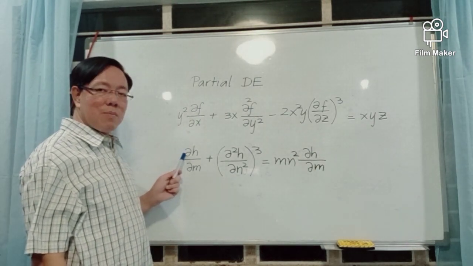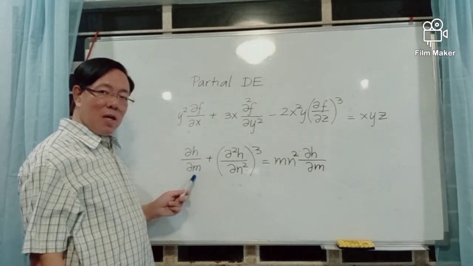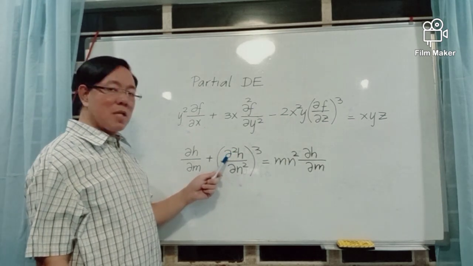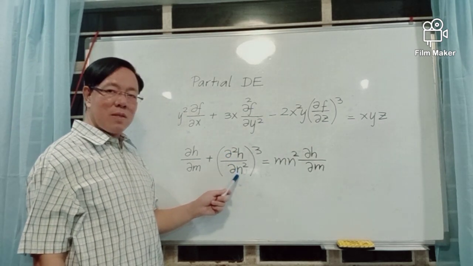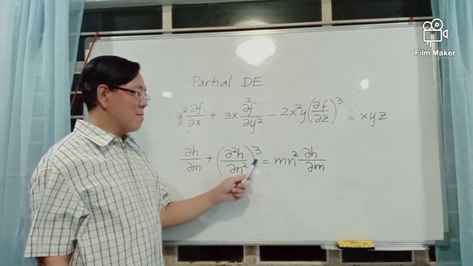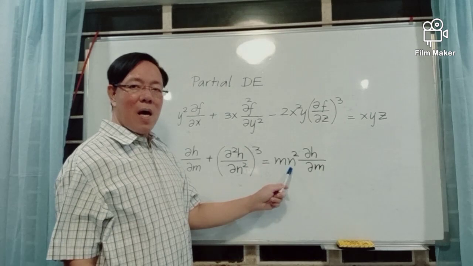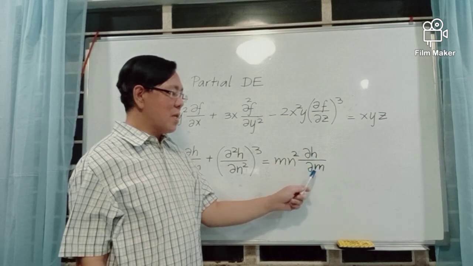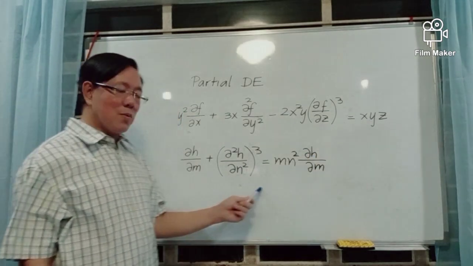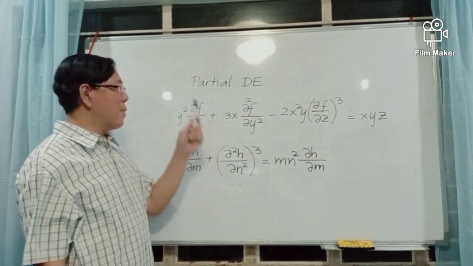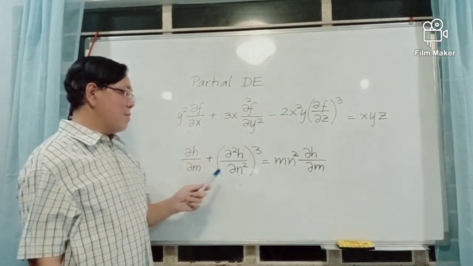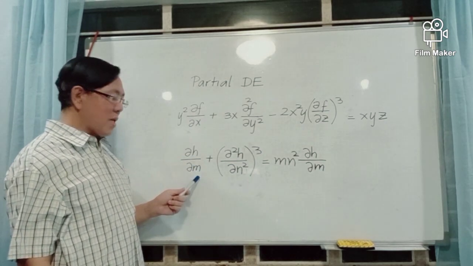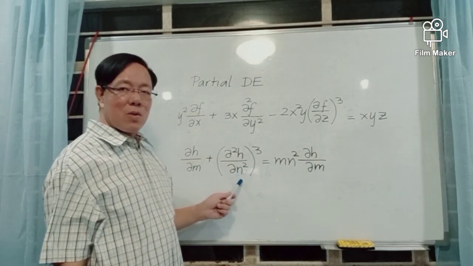Now consider this second differential equation. We have the partial derivative of function h with respect to m, plus the second partial derivative of h with respect to n raised to the power 3 equals m n squared times the partial derivative of h with respect to m. This differential equation is a partial differential equation because it contains partial derivatives of h with respect to m and with respect to n.